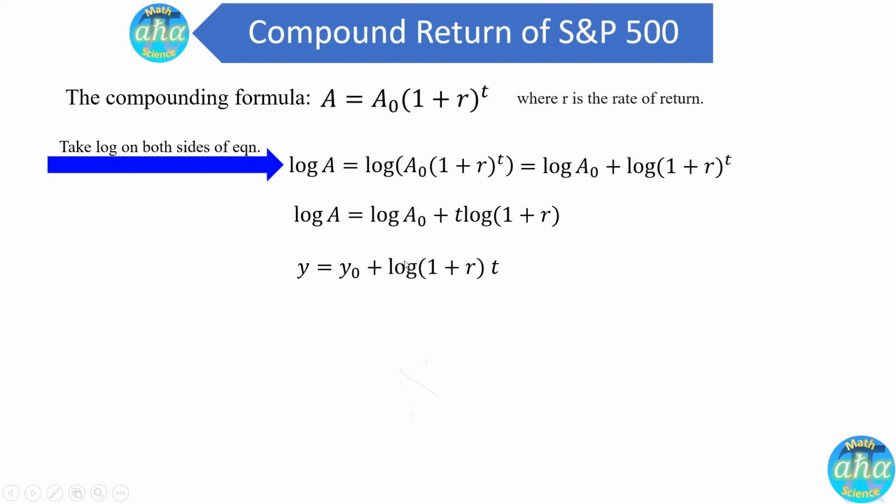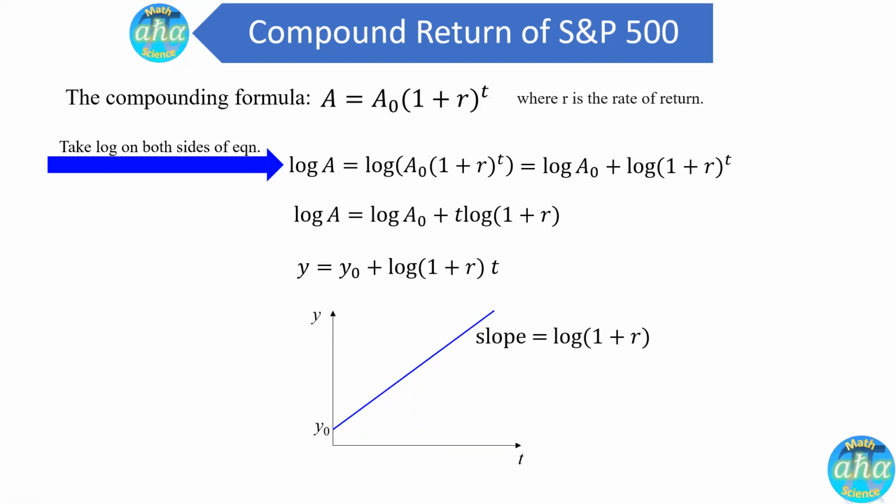So if we plot the log of the investment, Y, versus the time T, we should expect a straight line, where Y naught is the intercept of the line with the vertical axis, and Y naught is related to the log of the initial investment. And the slope of this line is exactly described by this coefficient here, which is just log of (1 plus R). So this is what we expect.